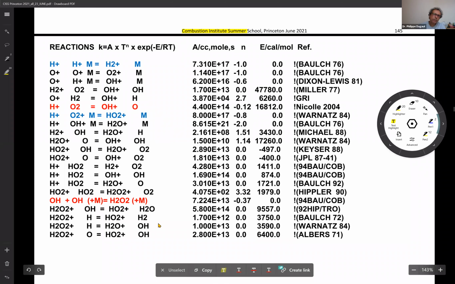And the reactions which are responsible for the slowdown of the reaction are the recombination of H atoms to reform molecular hydrogen, and the recombination of H atoms with O2, forming HO2.